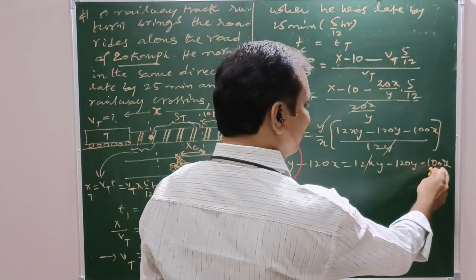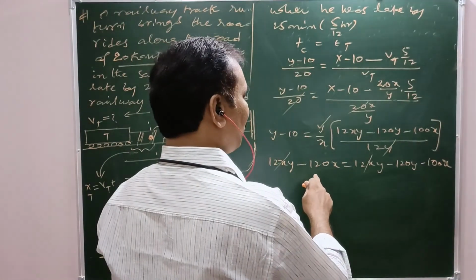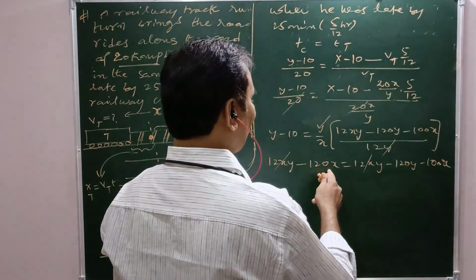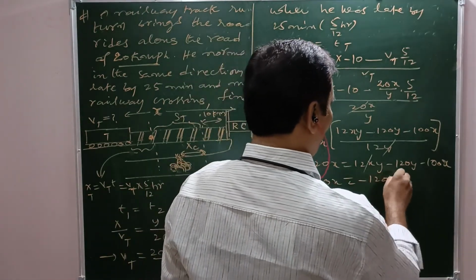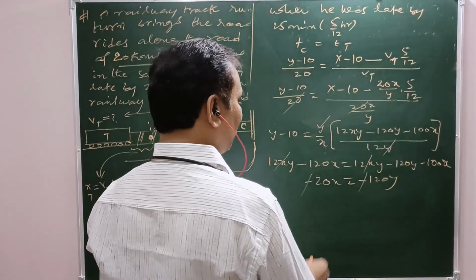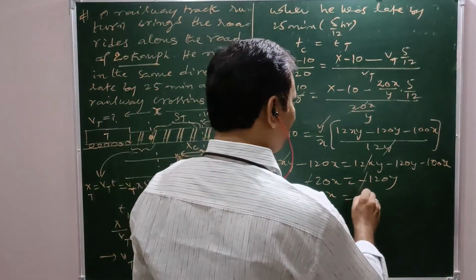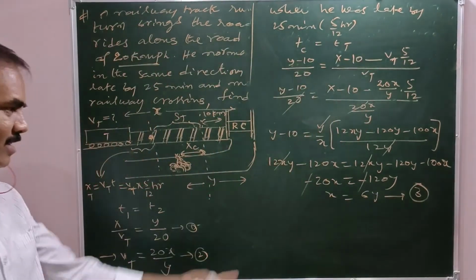Here minus 100x is there. Carry this minus 100x onto the LHS, that is plus 100x minus 120x, minus 20x equal to minus 120y. The minus signs cancel. We are left with x equal to 6y. Number 3: x equals 6y.